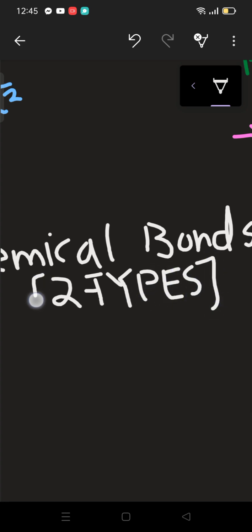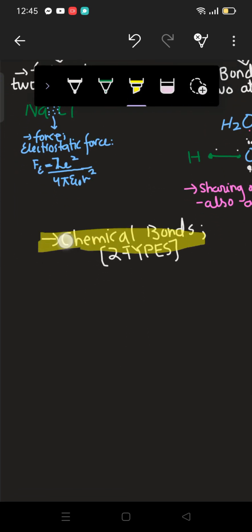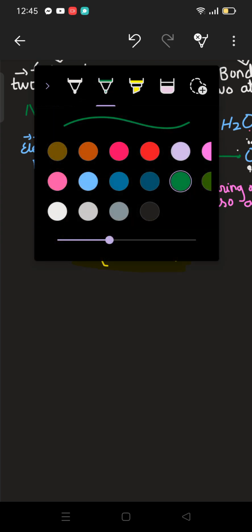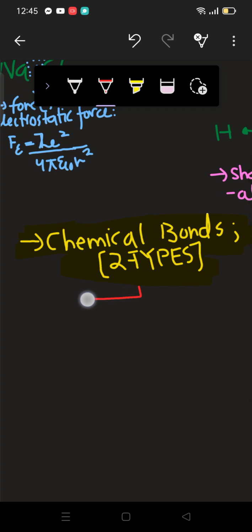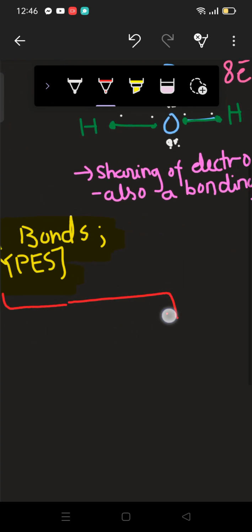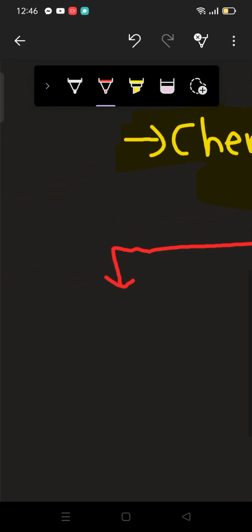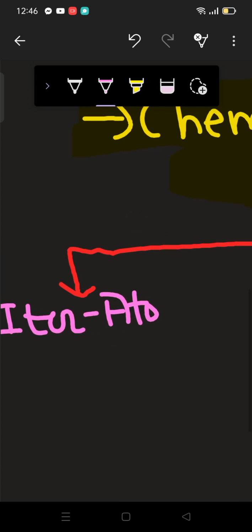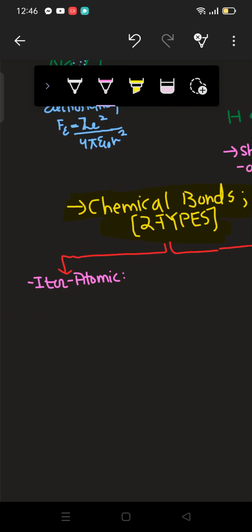The first type is what we call interatomic, which means it is between atoms only.